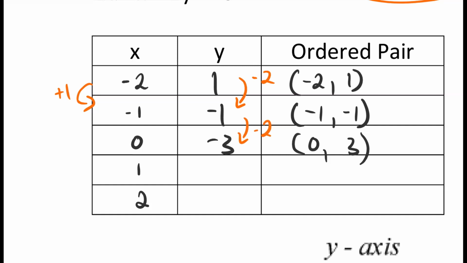So we know this is going to be a linear relation because it's the constant change every time we change x by 1. So from -3 subtract 2, you end up with -5 and -7. Our ordered pairs would be 1 and -5 and 2 and -7.